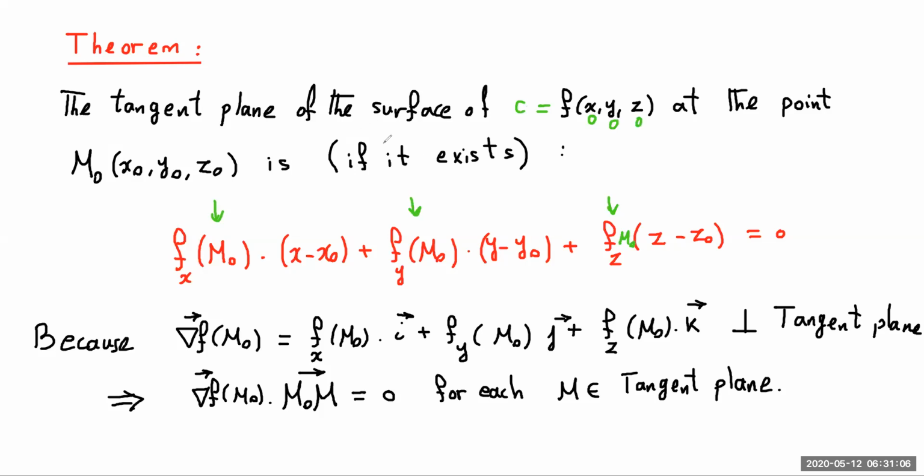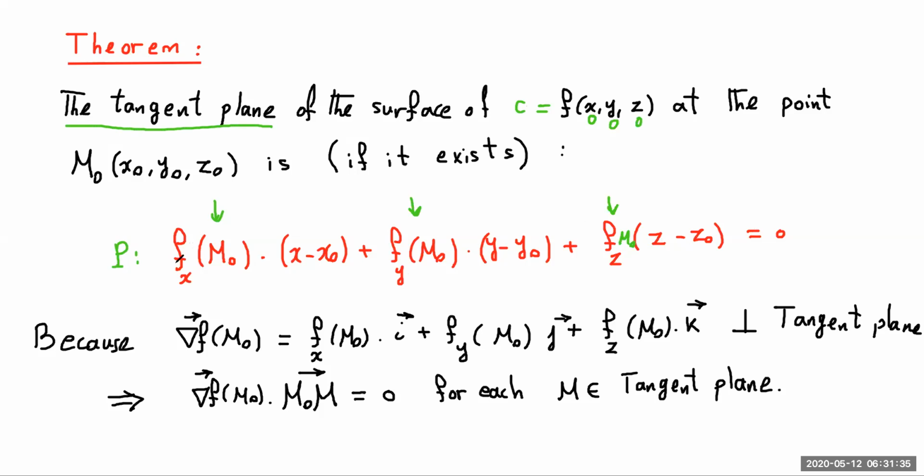So the formula of the tangent plane is given like this. The partial derivative of f with respect to x at the point M0 times x minus x0, plus the partial derivative of f with respect to y at the point times y minus y0, plus the partial derivative of f with respect to z at the point times z minus z0 must be 0.